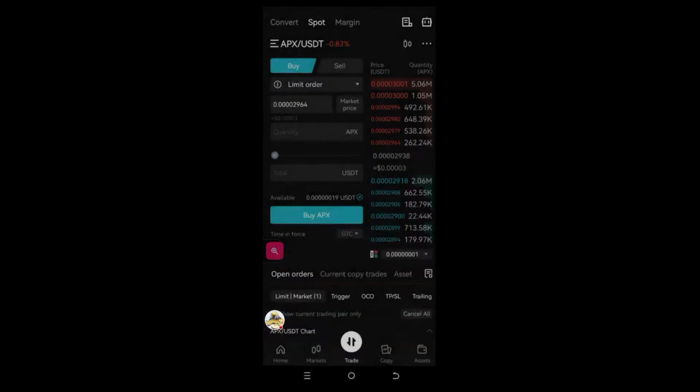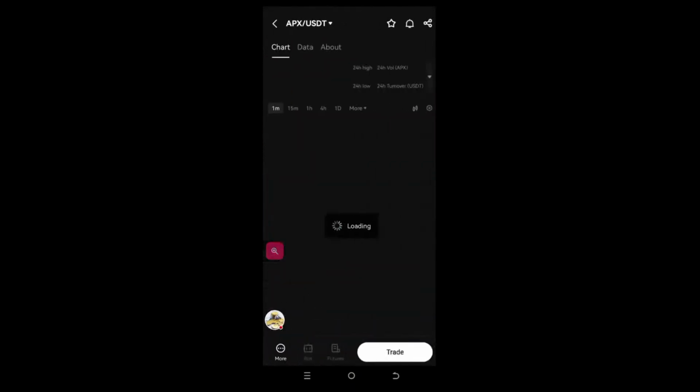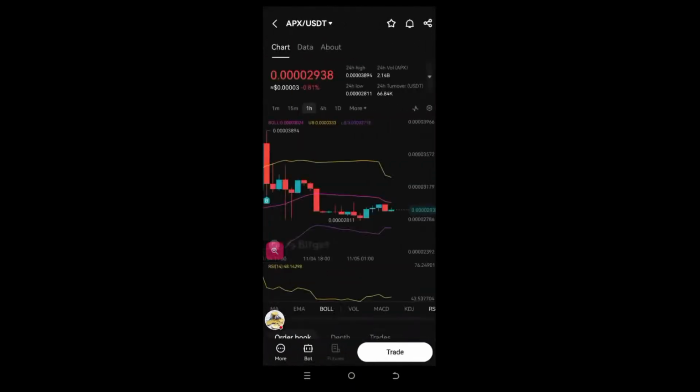Let me go to the chart so I can show you what's going on. And you can see this. Look at it. And one of the things between KuCoin and even BitGet that really doesn't make me happy is that they don't have the parabolic SARs. Parabolic SAR for me is my top indicator.